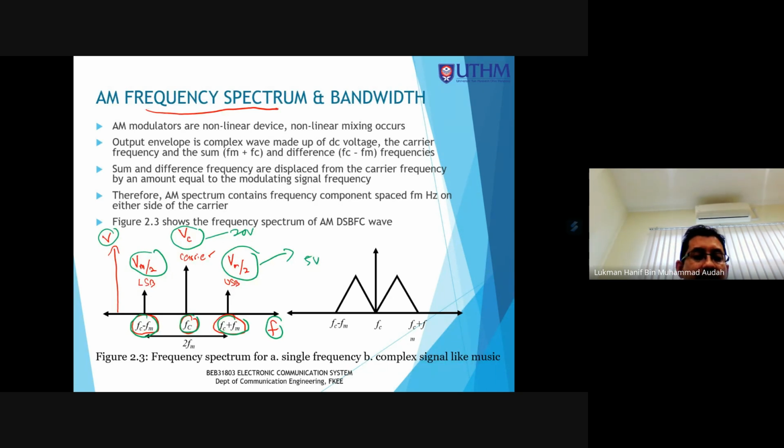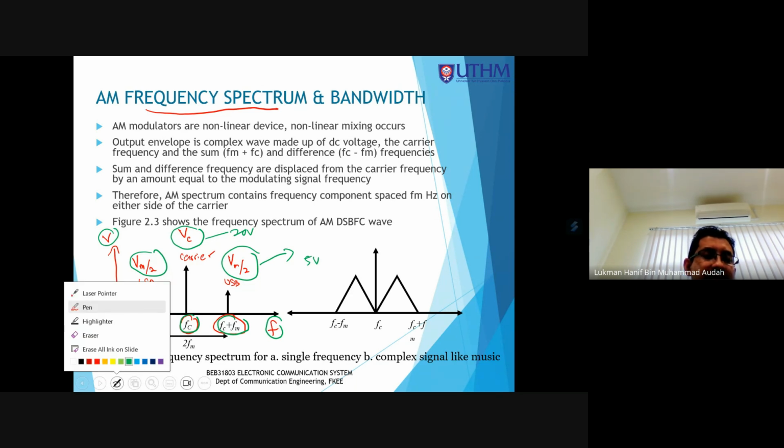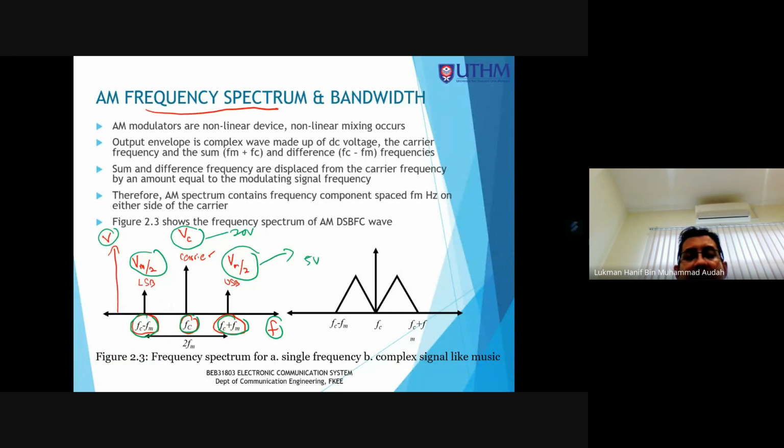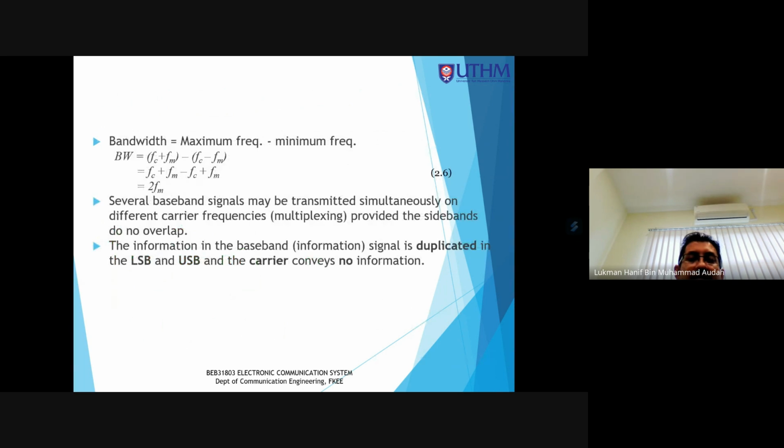Okay. So after we draw, we can actually find a few parameters. What can we find from here? The first thing we can find is the bandwidth. The bandwidth of the double sideband full carrier AM is the higher frequency, the upper sideband, minus the lower frequency.